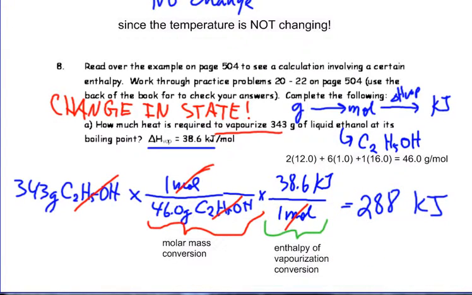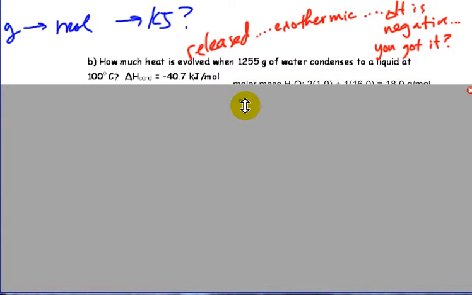That works out to be 288 kilojoules. Okay, so very similar to what we did with that graphing activity, except we did the gram to mole conversion earlier on. Okay, 8b. How much heat is evolved when 1,255 grams of water condenses to a liquid at 100 degrees C? So evolved means released.